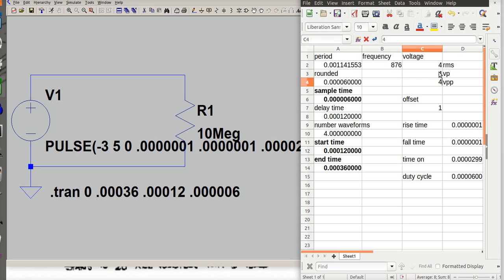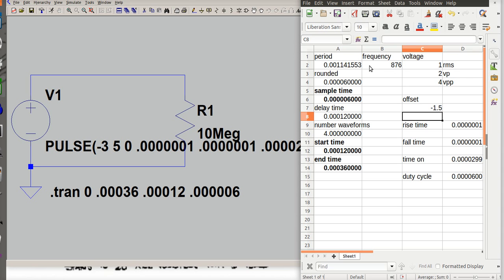So 4 volt peak to peak voltage is 2 volts peak, and for triangle, the volts peak to RMS conversion is half, so it's 1 volt RMS. I'm going to have a minus 1.5 volt offset. So anytime you get a new frequency, a new waveform, you got to go through and calculate some stuff.